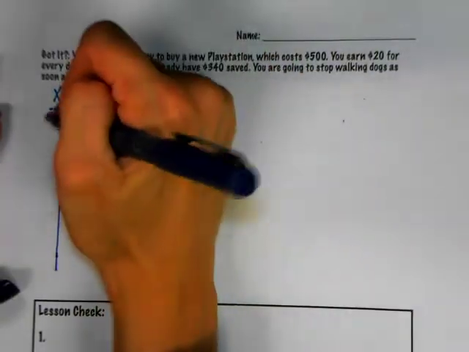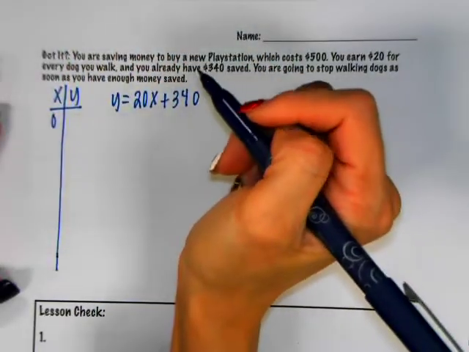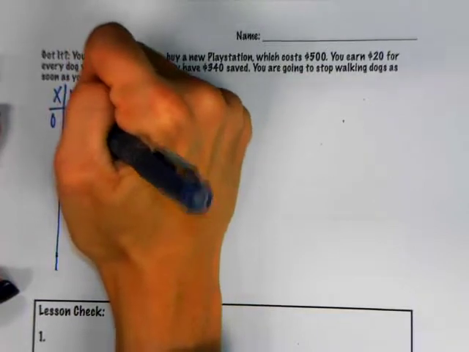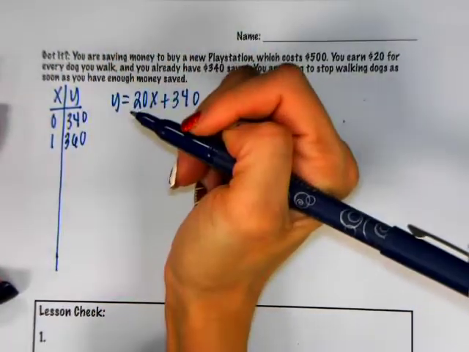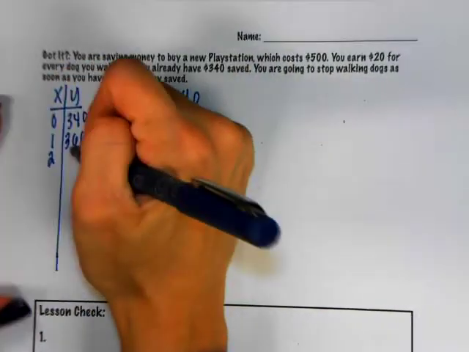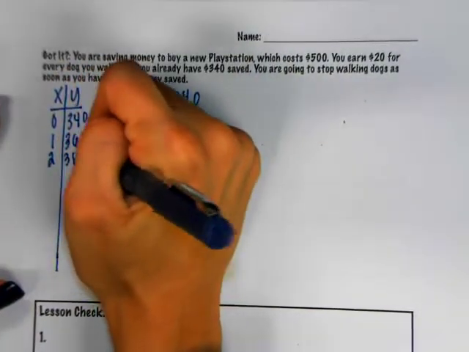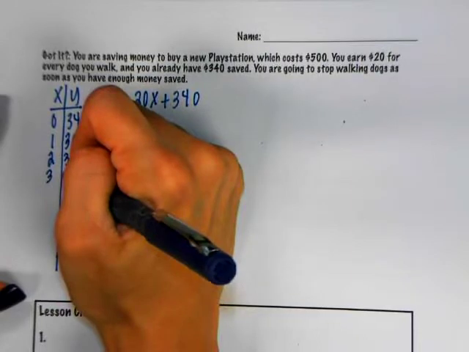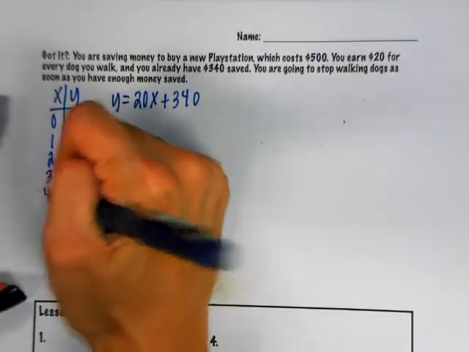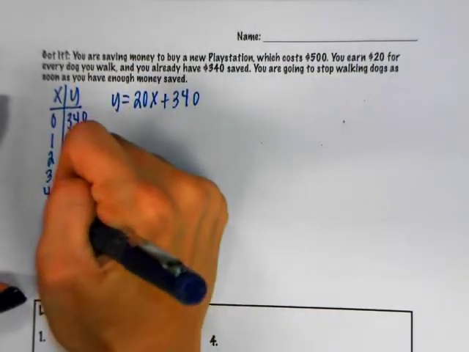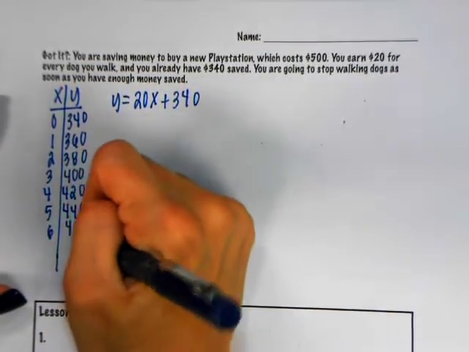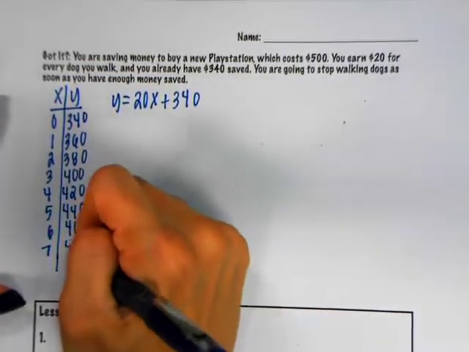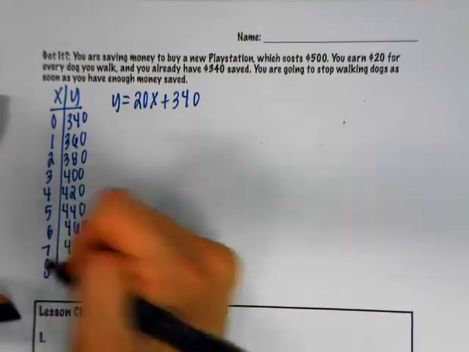So if I walk 0 dogs, how much money am I going to have? 340. 1 dog, 360. And when am I stopping? When I get to 500. Yep. 2 dogs, 380. 3 dogs, 400. 4 dogs, 5 dogs, 6 dogs, 7 dogs, and 8 dogs, 500.